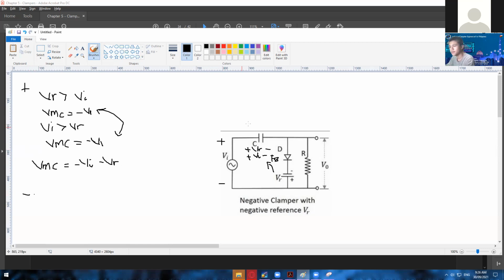And then during the negative half cycle, this will now become a reverse bias, so you can just simply remove this one. All of our current will now flow to our RL or load resistance. In here we can use the formula VO is equal to VI plus VMC. Since this one is the negative half cycle, we have negative VI plus VMC, which equals negative VI plus negative VR.